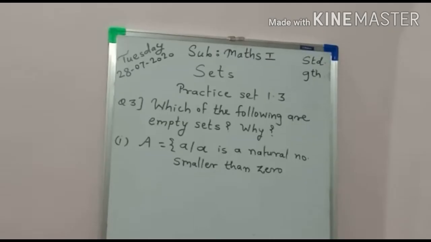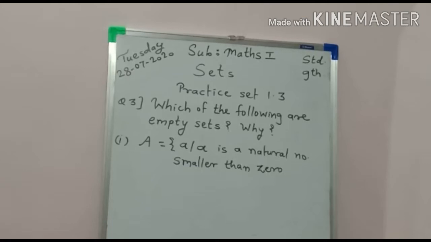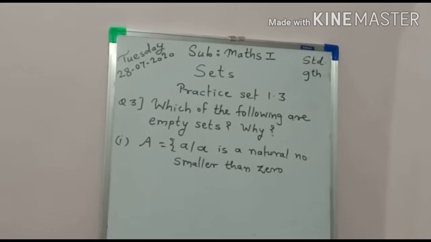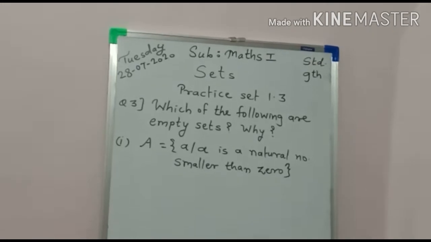Okay. Third question is, which of the following are empty sets and why? Means justify your answer. In the first one, given set A, in rule method it is given that element A is such that A is a natural number smaller than 0. So natural number and smaller than 0 means what?